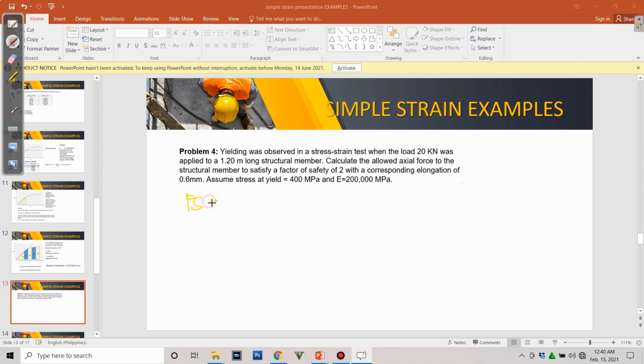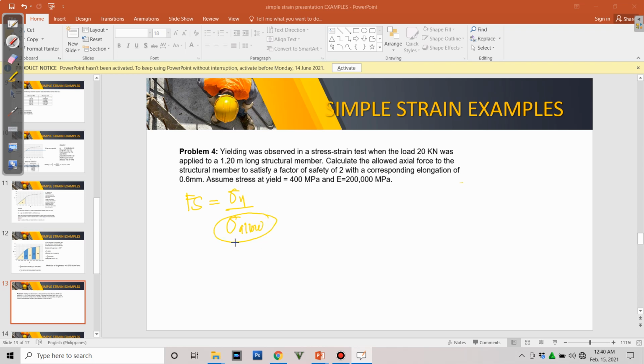So let us have a review on the factor of safety. Factor of safety is just equal to the yield stress all over the allowable. Remember that what we are using in the design is the allowable. Why allowable?